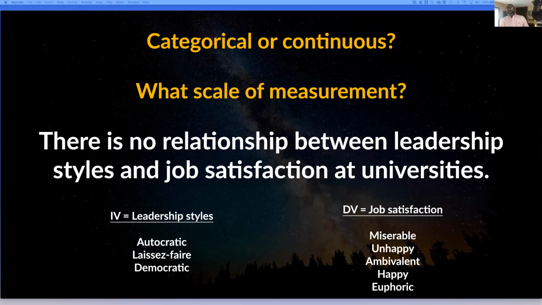So let's take a step further back here, because a lot of times I'm throwing out a whole ton of words. Someone explain to me why this matters. Why should I care if there's a relationship between leadership styles and job satisfaction at universities? Retaining your employees. It could also go as far as student enrollment. And hiring practices.